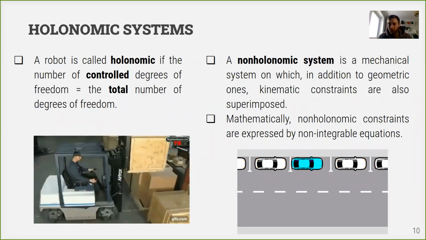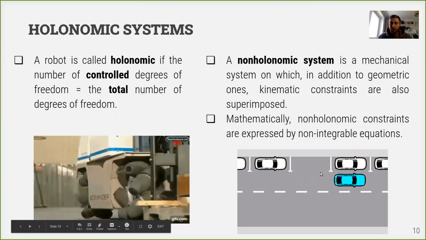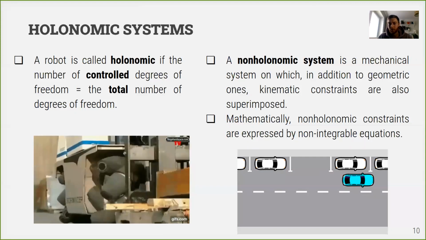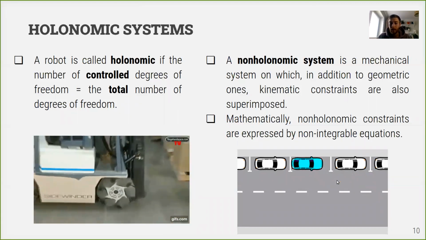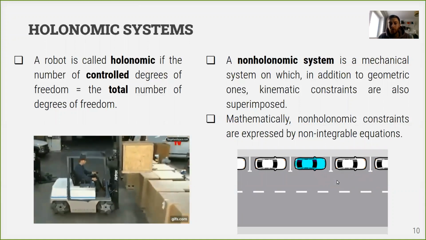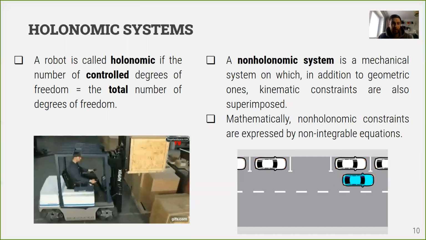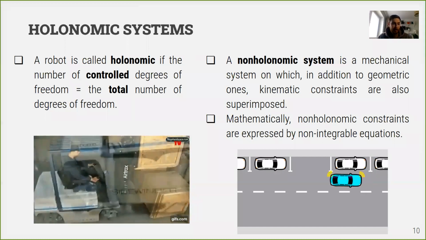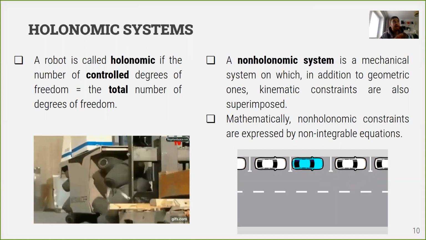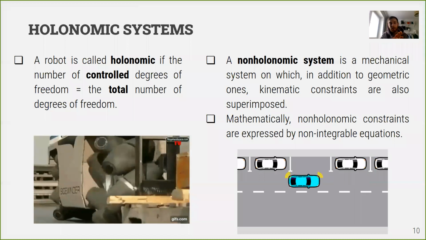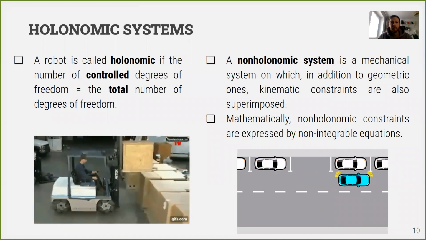And that is why, for example, to park a car, we need some complex maneuvers, because we cannot control all degrees of freedom. We cannot move sideways, and such a system is called non-holonomic. And the majority of robots used in practice are non-holonomic. However, if you ever saw a vacuum cleaner robot, it is holonomic, because it cannot move sideways, but it can change its orientation in place and continue moving in any direction.